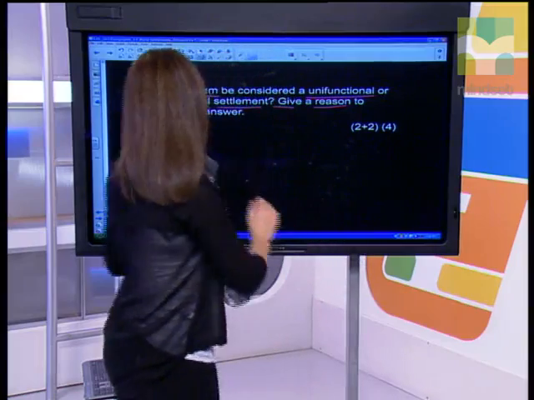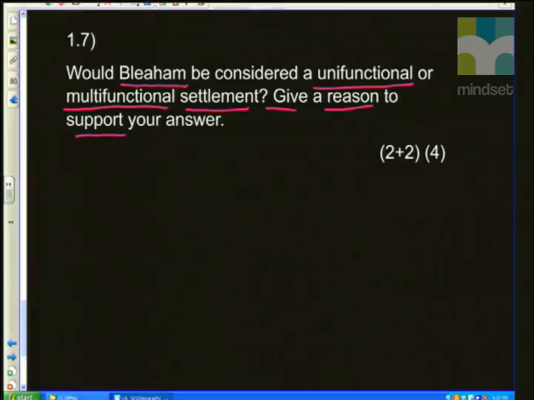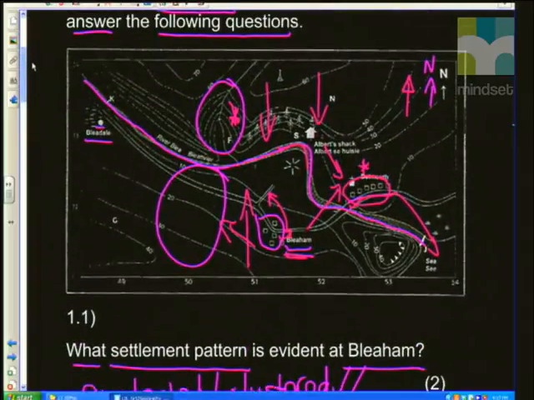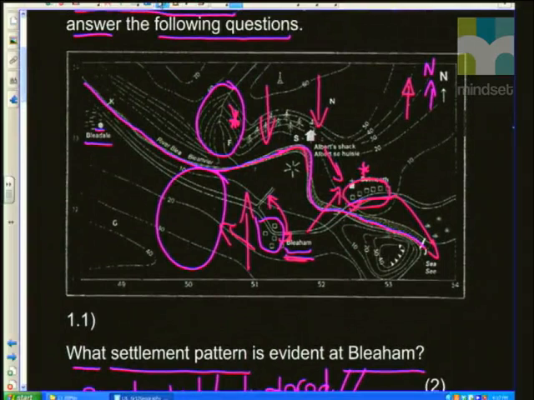So if we have a look at our map again, one more time. Right. There's Bleum again. I can't see any services. There's no church there. There's no post office. There's no police station. There's no symbols indicating any other services. So we have to assume that it is unifunctional.